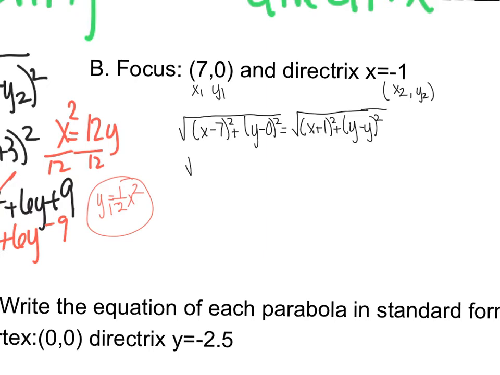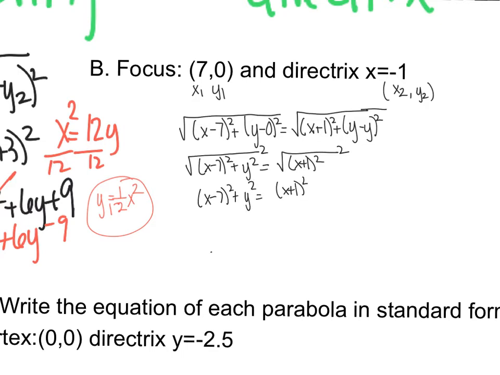So for here we have (x minus 7) squared plus y squared equals the square root of (x plus 1) squared. Now I'm going to square both sides to get rid of the square root. So now I'm at (x minus 7) squared plus y squared equals (x plus 1) squared.